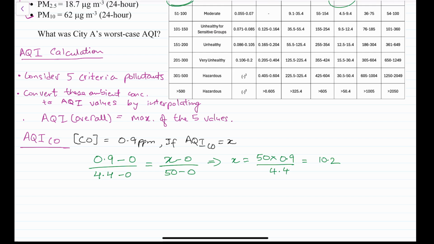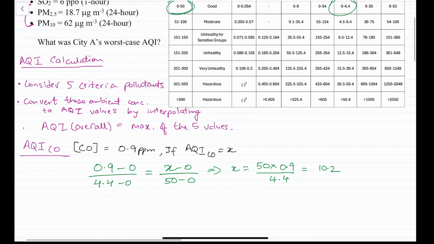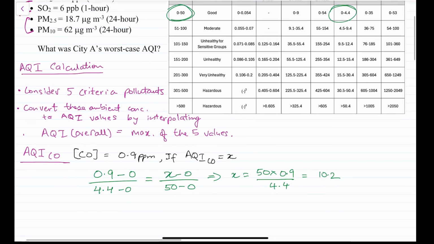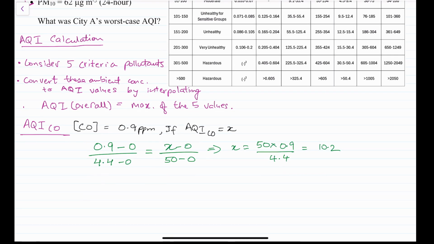Let's do the next one now. The next one is for ozone. The concentration is 0.064 ppm. So AQI for ozone, and the concentration given is 0.064 ppm.